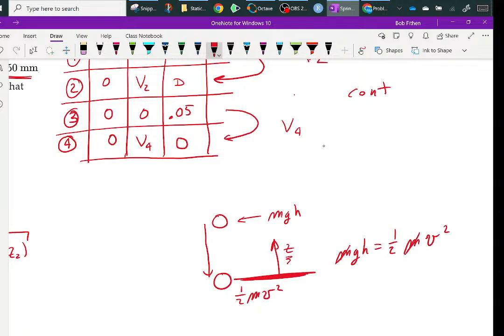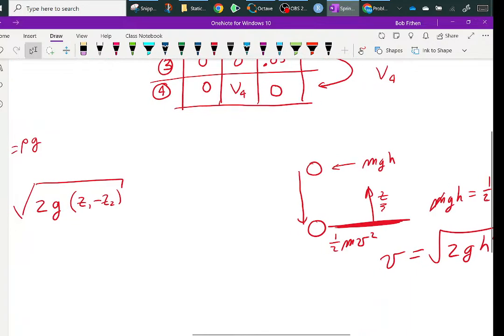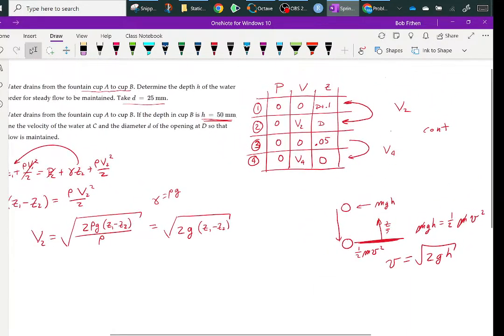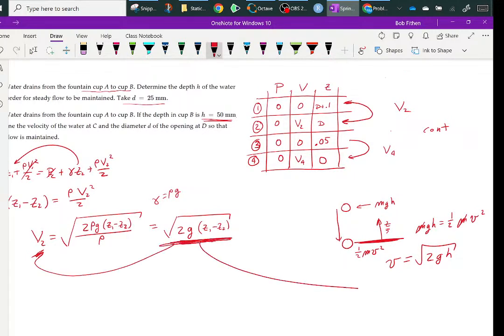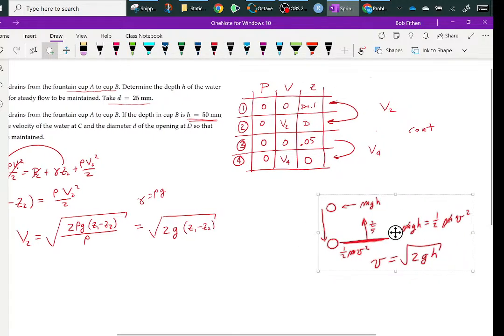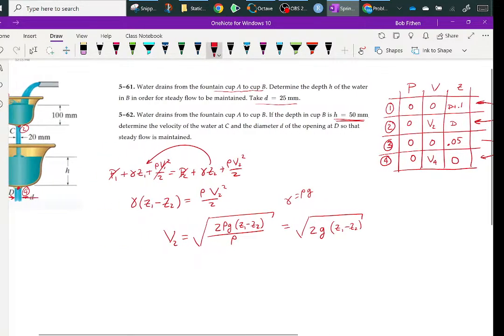The m's go away, the half goes over, and the square root of 2gh is equal to the velocity. If we look at real close here, what we find is, of course, this is labeled as V2. 2gh height difference is the same thing as that. So you can see the similarities between those old type of problems and these new fluids problems. They're kind of the same.